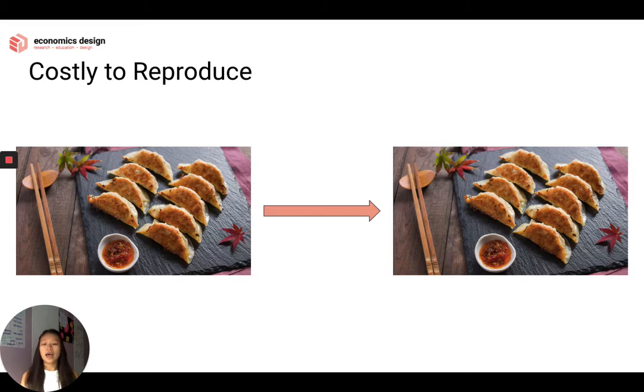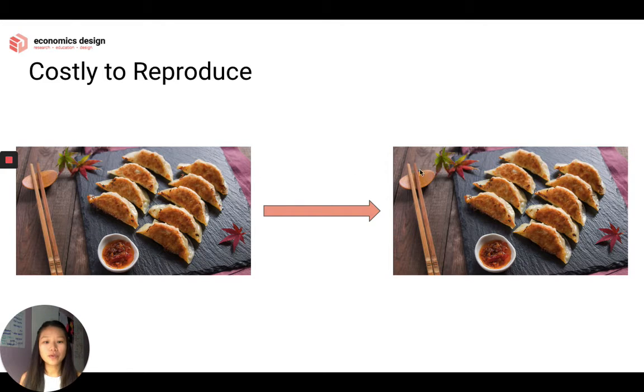That means if, let's say, we're a gyoza shop, okay, we make delicious gyoza and we sell gyoza, and the cost to produce this plate of gyoza is 50 cents, and the revenue I get from the gyoza is 50 cents.